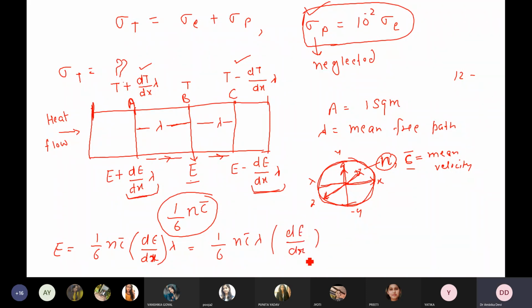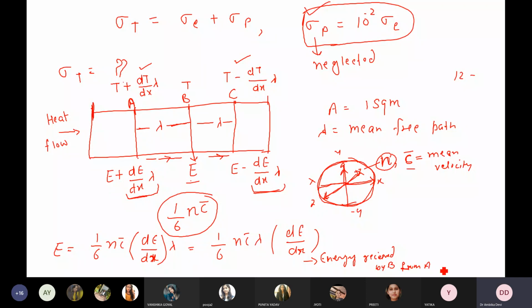Okay, similarly this is the energy received by B from A.